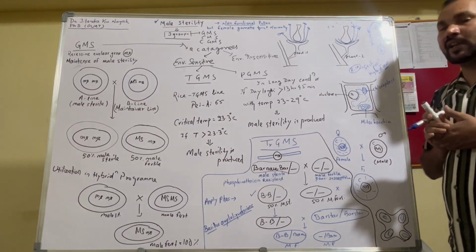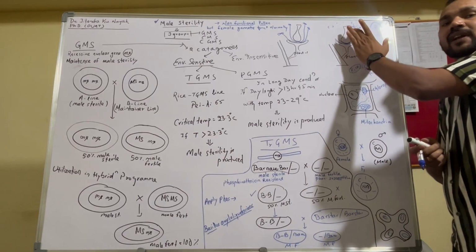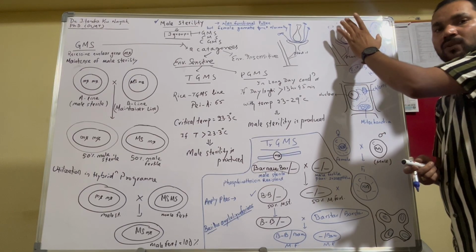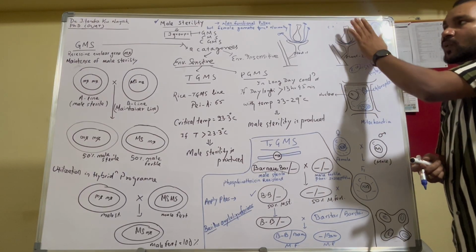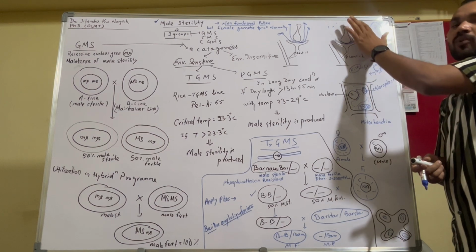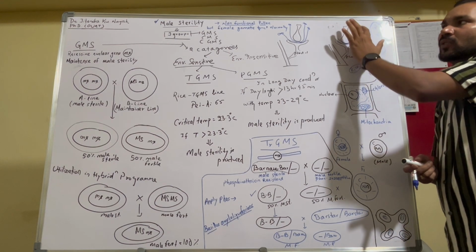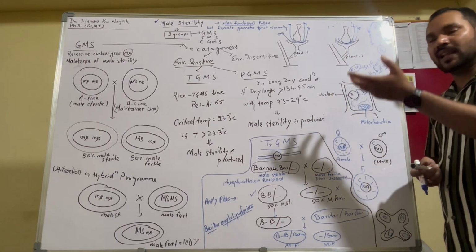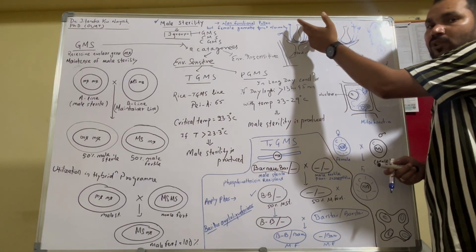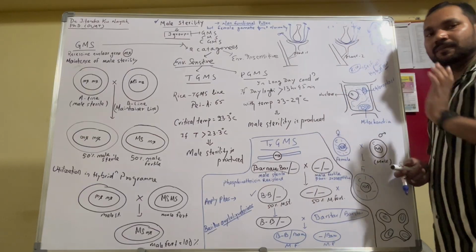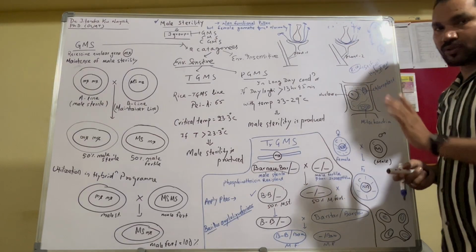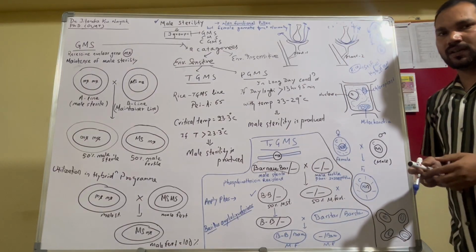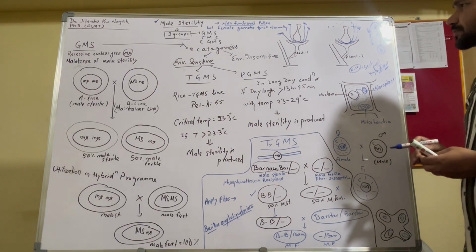Emasculation means removal of the anther before dehiscence of the pollen. Before the pollen is released from the anther, we remove the anther so that no pollen is released and there is no self-pollination. It will automatically allow the pollen from the other plant to fall over the stigma. So by the emasculation technique, we can also go for hybrid seed production.